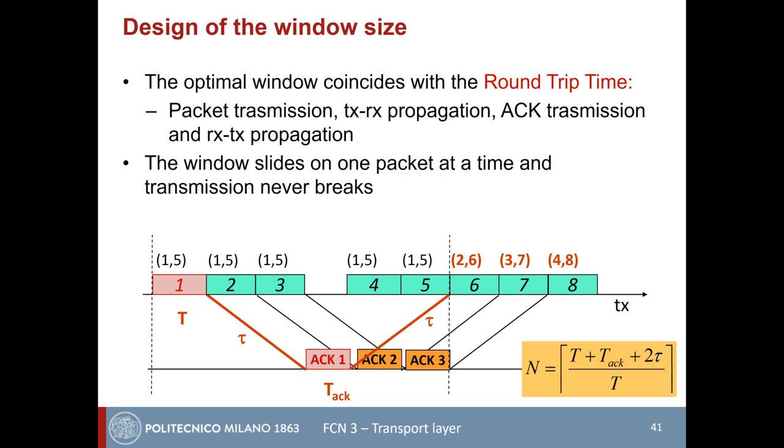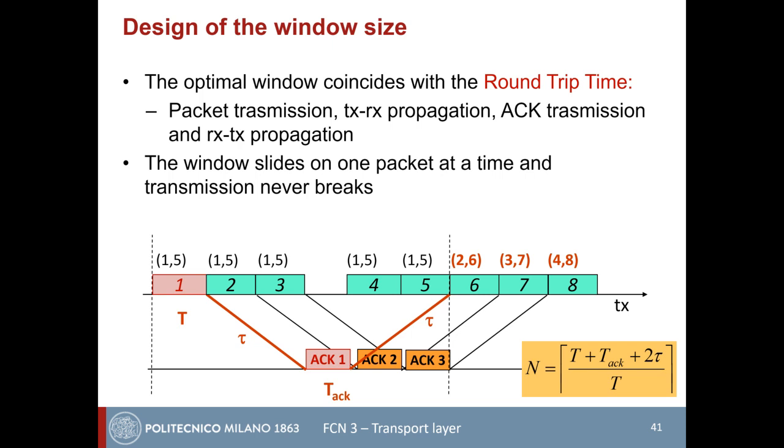So what is the optimal window size that we can make? Just following what we were just saying, the minimum timeout is given by the sum of transmission time, twice the propagation time plus the transmission time of the ARQ.